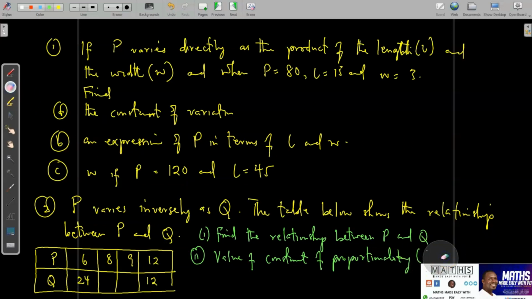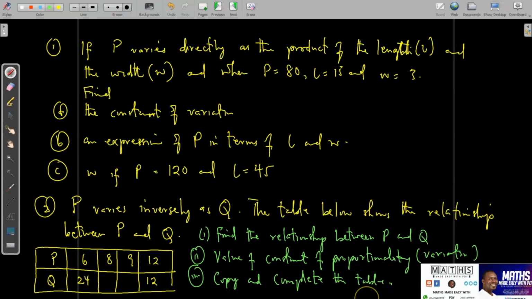Then the final one is copy and complete the table.